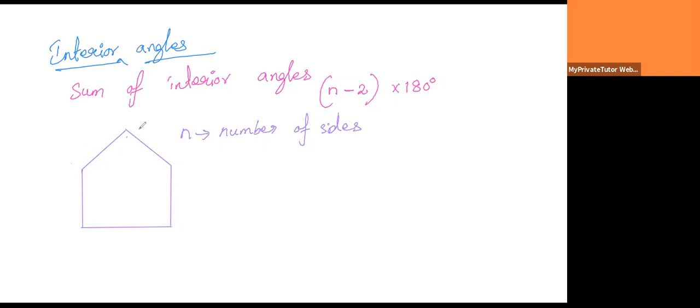It has 5 angles, guys. Can anyone tell me the total sum of interior angles? If you add all 5 angles, what will that be? Joseph, do you have any idea? Amira?